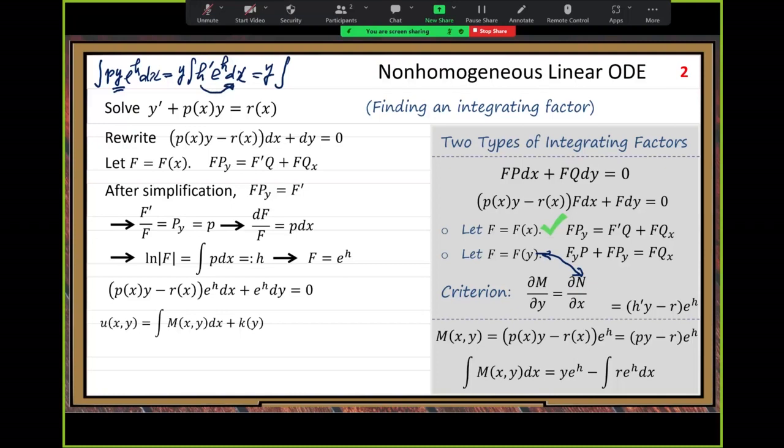That's the step I'd like you to get familiar with and feel comfortable with. Put h inside the differential operator. So we write e to the h dh. Can you see that? This step.